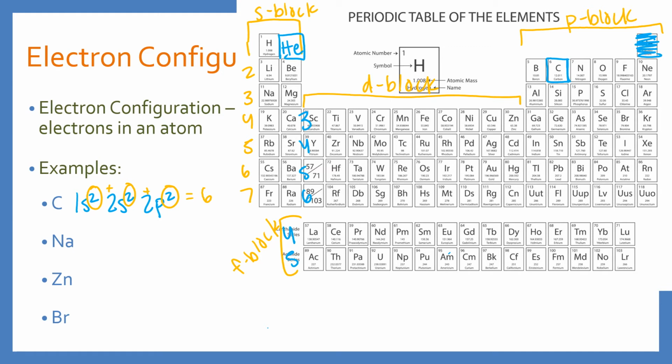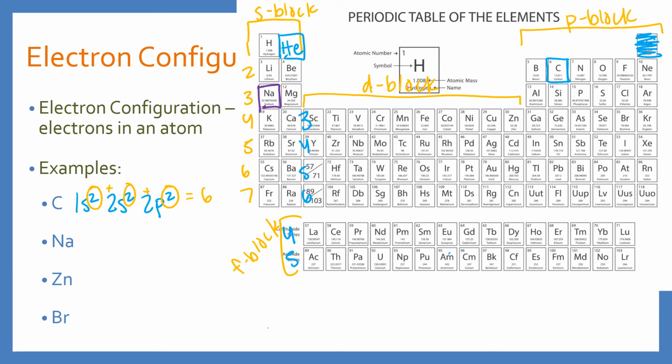For sodium, we're going to go a little farther. So let me get a different color for sodium. Sodium is in the third row in the first position of the S block. So if we're just counting electrons, remember we can use the other elements as placeholders. Sodium is going to have 11 total electrons, and our placeholders are the 10 elements before sodium.